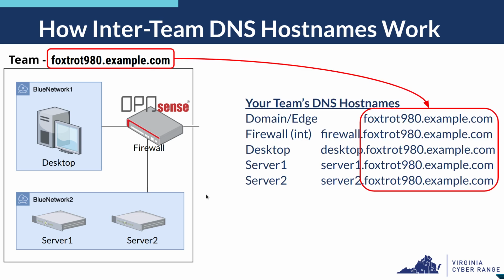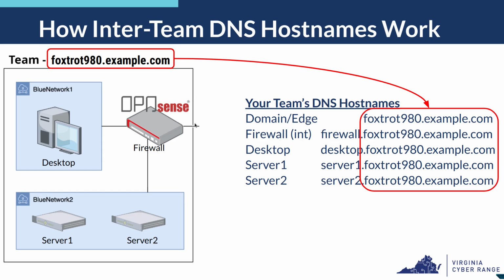It looks like this. Interestingly, the edge of your network, the external WAN interface, or wide area network interface, of your firewall gets the domain name itself. So foxtrot980.example.com is this interface here.